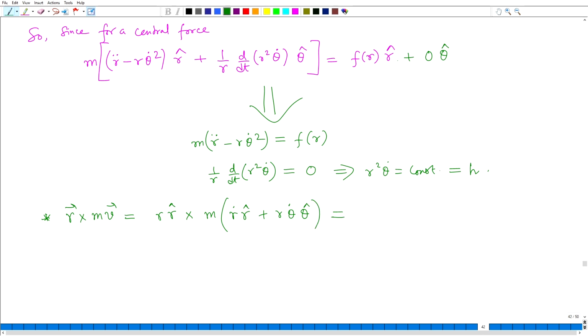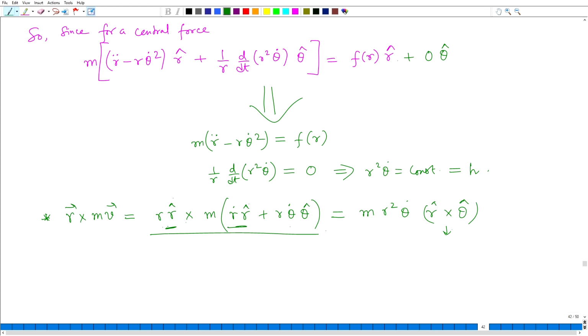So, what is the total expression? This one will vanish, this thing cross with this thing will vanish, because both of them are directed along r cap. These two will not vanish. So, you will have m r square theta dot and r cap cross theta cap.